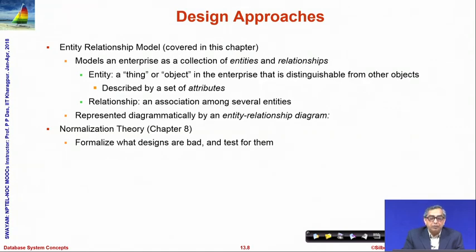We will talk about this normalization theory later in the course. Right now, we are interested only in the entity relationship model, which will be used for conceptual design, and then will give us the basis for the logical design in terms of the schemas.